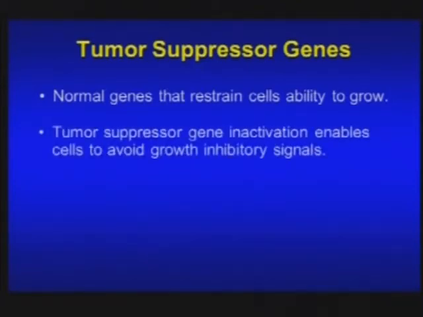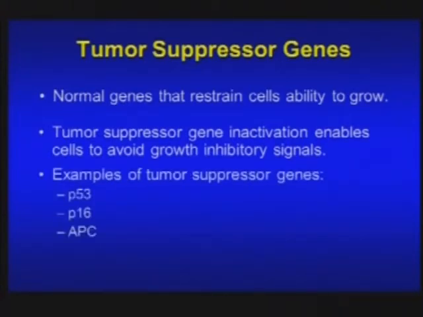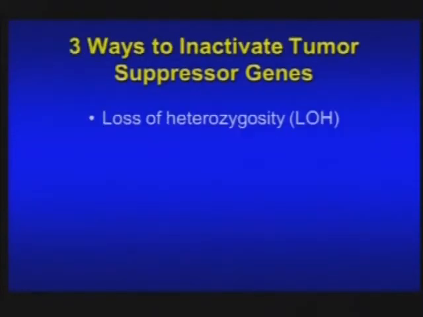Tumor suppressor gene inactivation enables cells to avoid growth inhibitory signals. Examples of tumor suppressor genes that are inactivated as Barrett's progresses to cancer include P53, P16, and the adenomatous polyposis coli gene. And there are at least 3 ways to inactivate tumor suppressor genes.